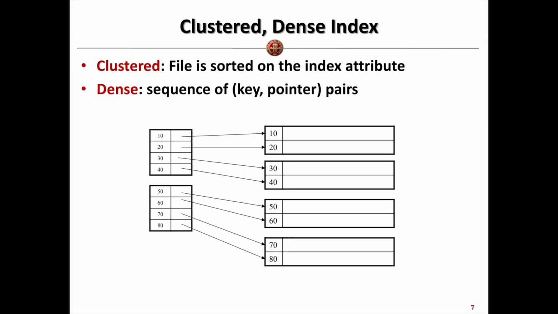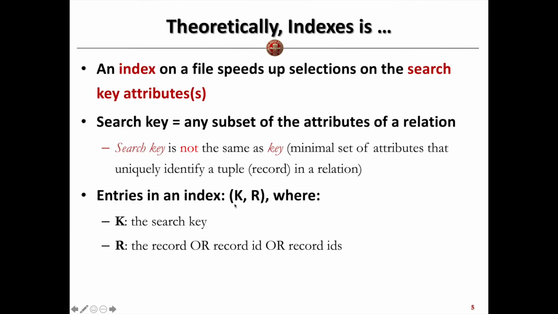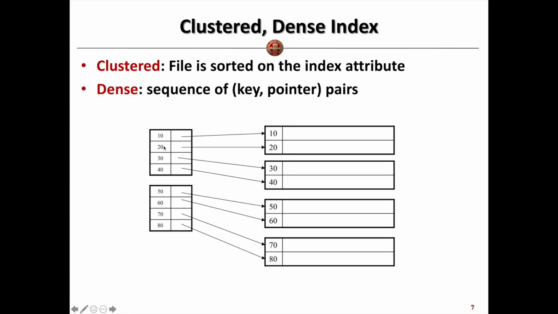We'll provide you with some concrete examples, the clustered and dense index tables. On the left-hand side is the index table. Inside this index table, we have a bunch of entries. Each entry is represented as a tuple with both the search key as well as the record or the record ID.